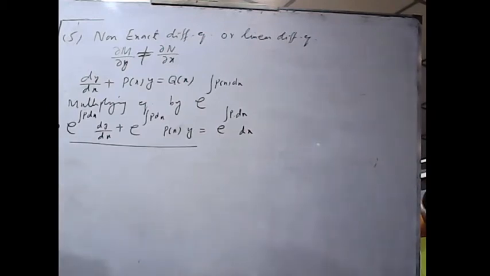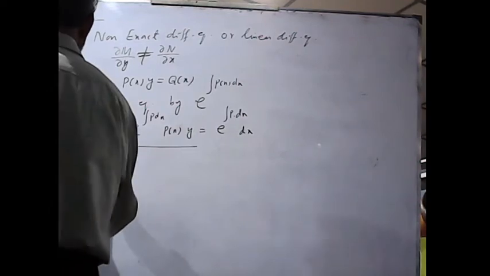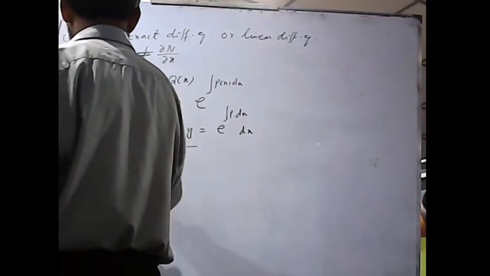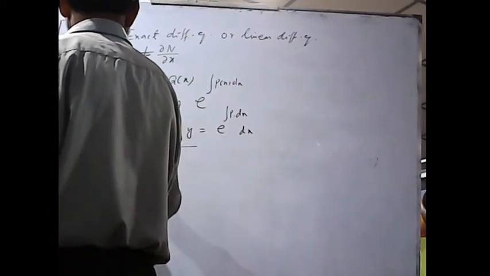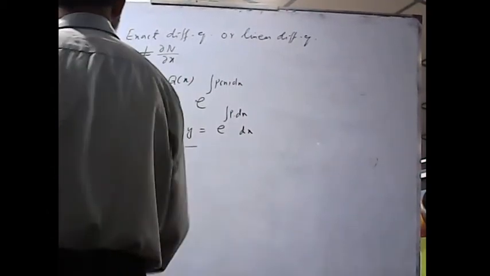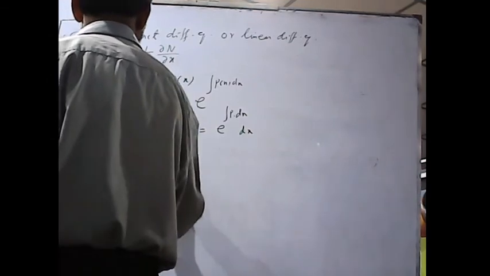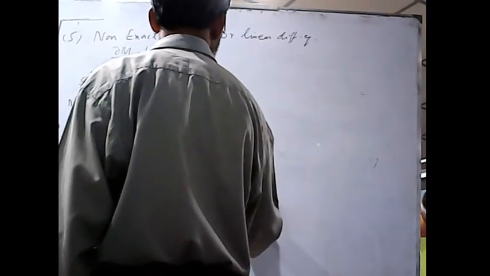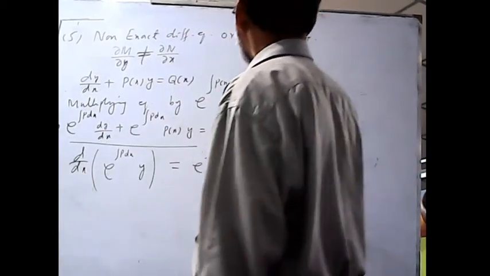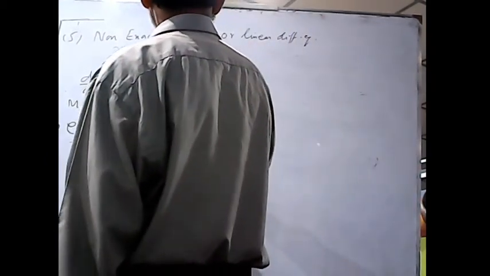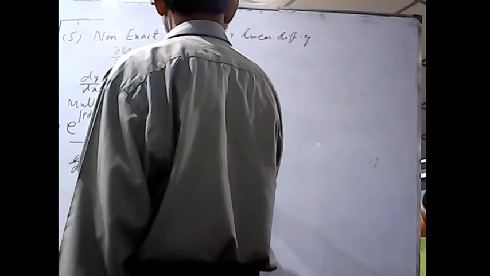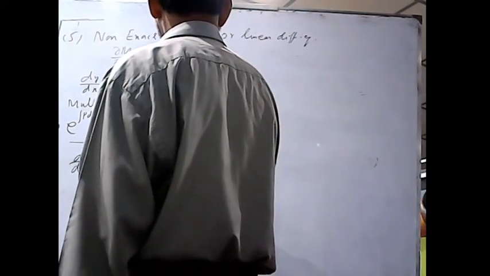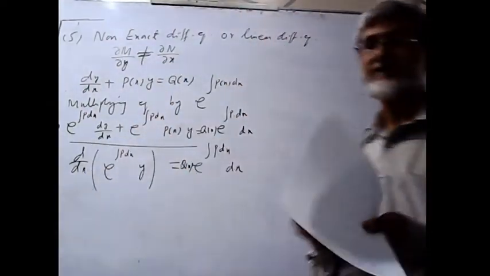So you can write d by dx of e to the power integral p dx times y is equal to e to the integral p dx times q of x.